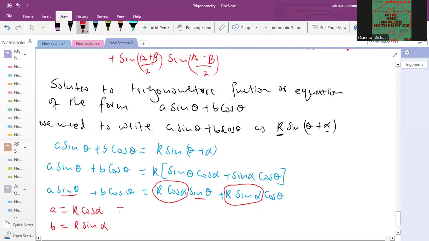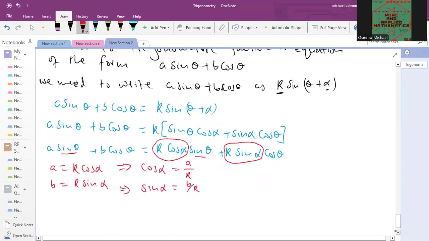So cos alpha is equal to, dividing both sides by r, a over r, and sin alpha is equal to b over r.